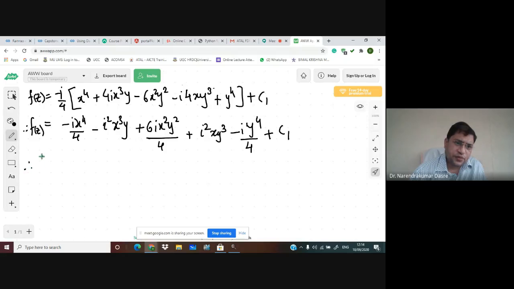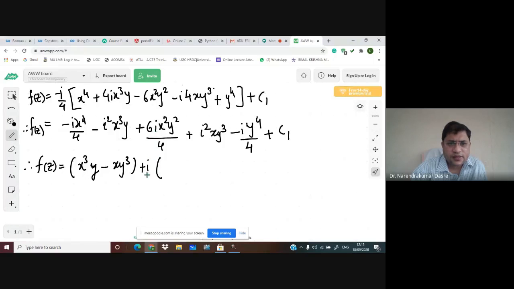Now if we simplify more, we are having f of z is equal to, see, this i square is minus 1, so this minus 1 will become plus. So you got x cube y minus this term i square is going to be minus 1. So xy cube plus i we can have outside. So if I take this i outside, what I'll get is, I'll have i by 4 outside.